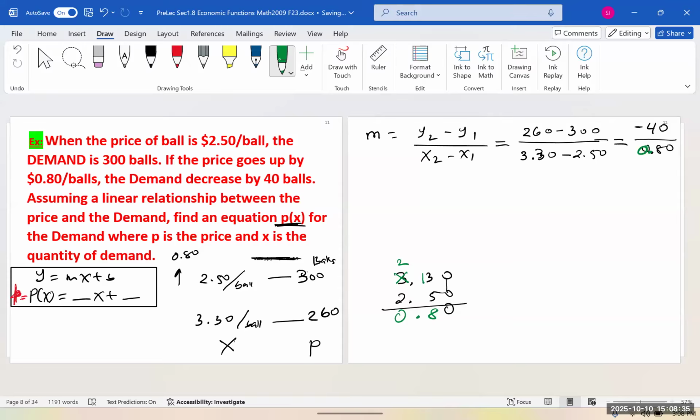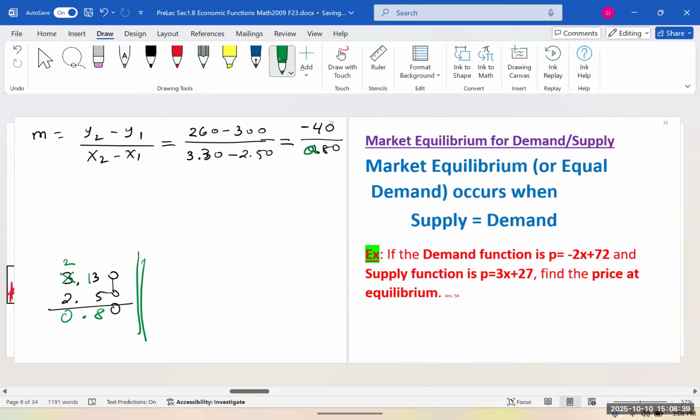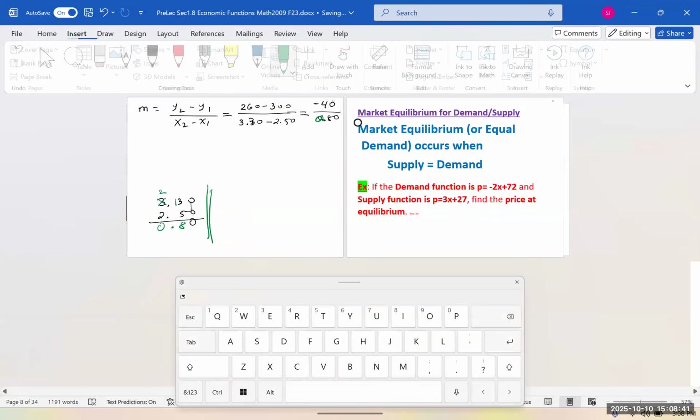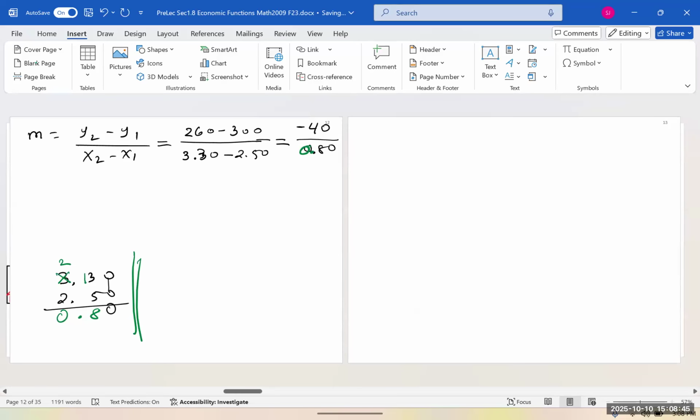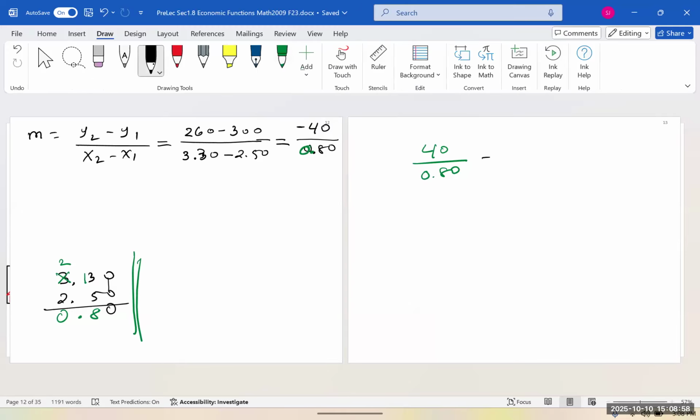Again, more math. Come on, I hate this. So we have 40 divided by 0.80. You can ignore the 0 from 80, because a 0 after the decimal doesn't count if there is no number after it. So this is the same as 40 divided by 0.8.